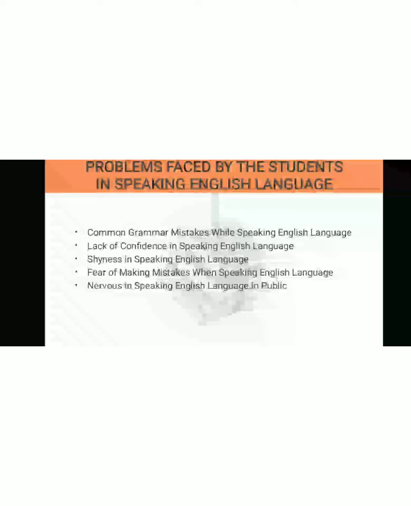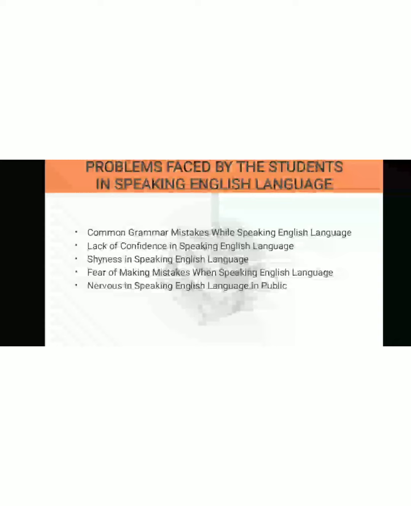Usually, students make mistakes in tenses, active and passive. They use the wrong tenses sometimes. They want to speak in the past tense, but they speak in the present tense instead of the past tense. They cannot easily differentiate and use the past, present, and future tense.